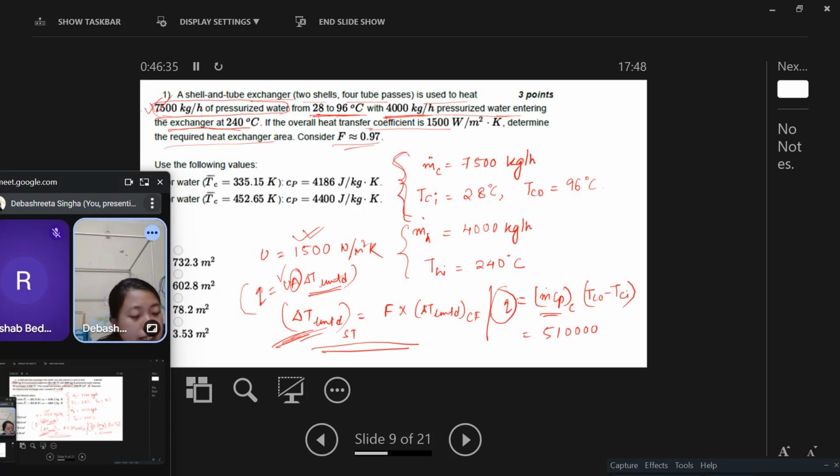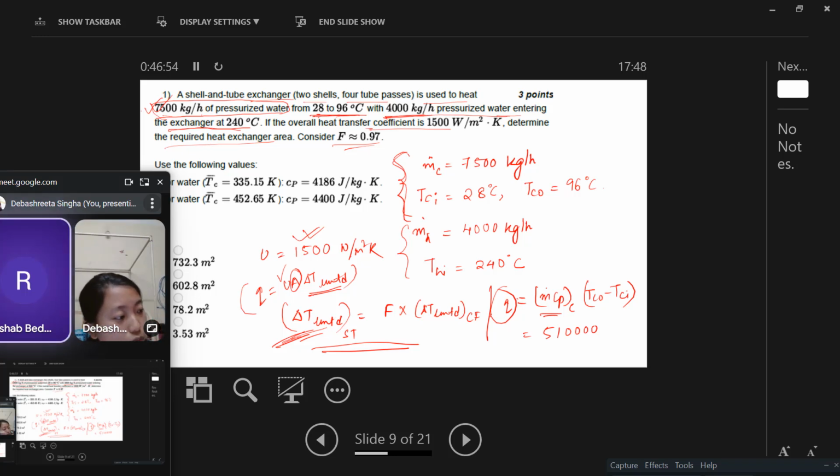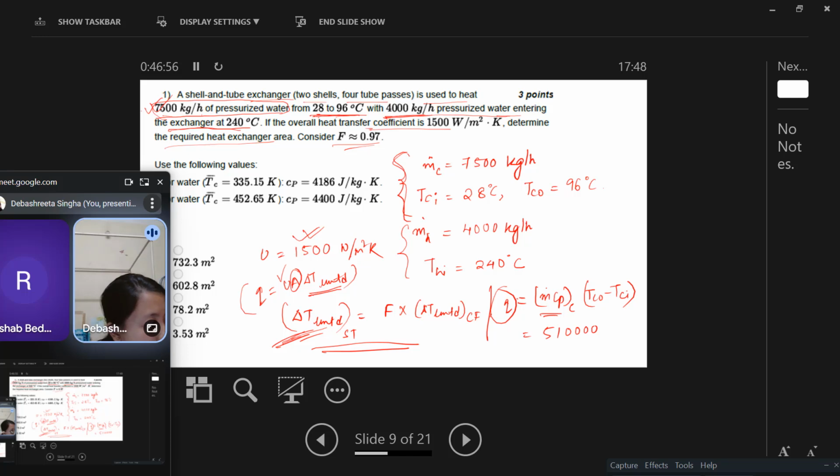But what did you take for the cold fluid? Mass flow rate for the cold fluid. 7,500. Okay, here one thing is there, that hour is not an SI unit.